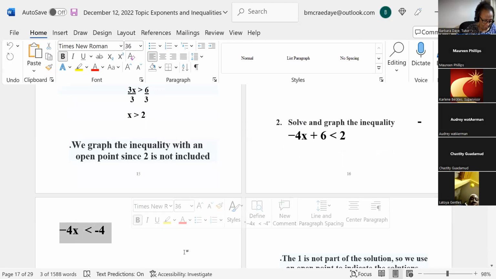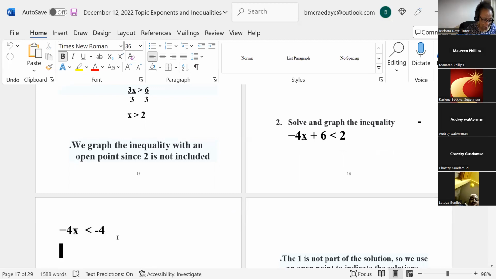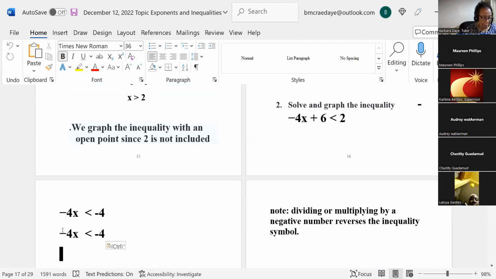So you'll have x, and a -4 divided by a -4 gives what? -4 divided by -4 is a 1, yeah.